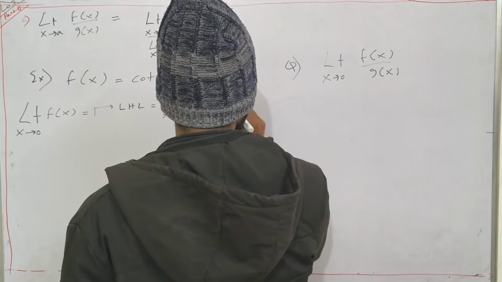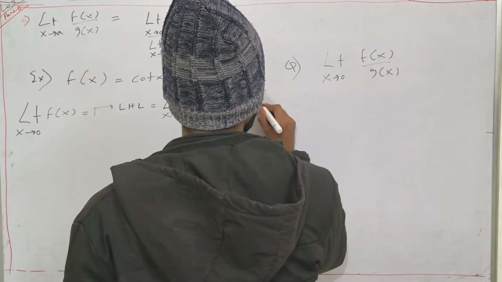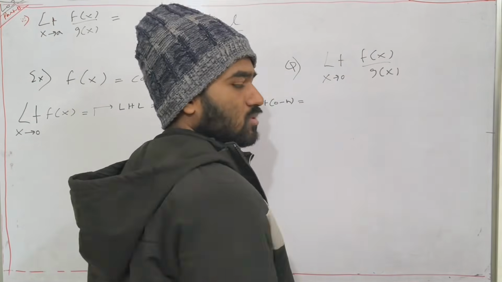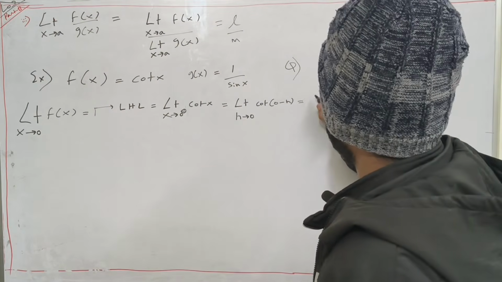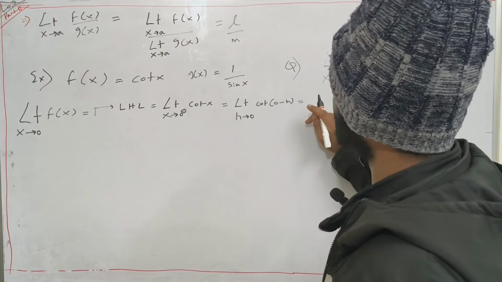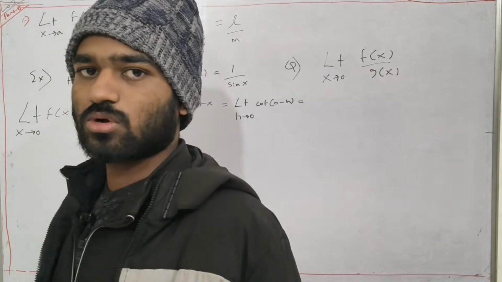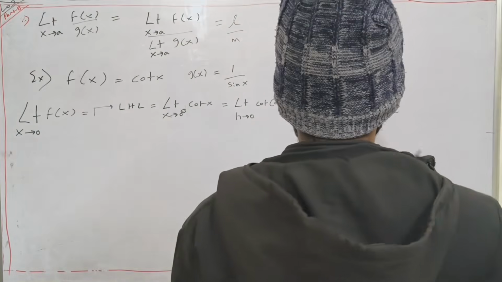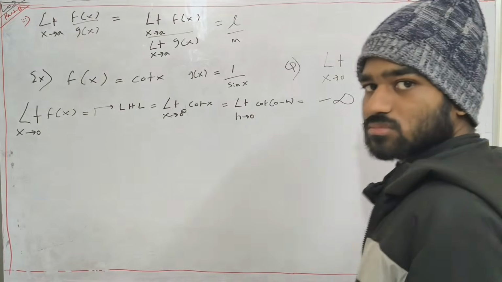This is equals to limit h tends to 0 cot of 0 minus h. Okay, good. बताओ क्या है? h is positive, cot of 0 minus h is just less than 0, and it tends to minus infinity. Okay, good.